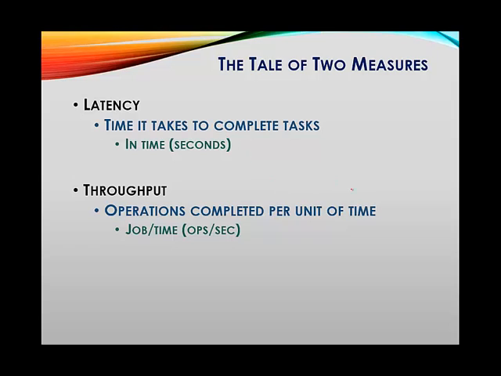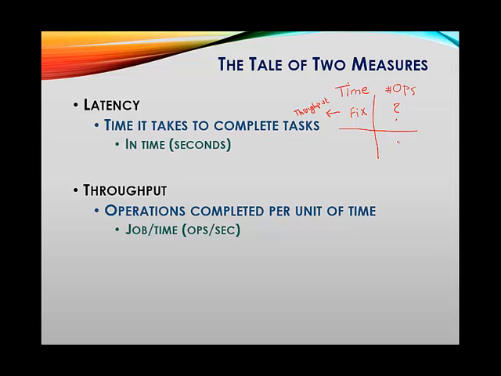So the two ideas of latency and throughput are related to each other, but they're actually evaluating two different measures. If you look at the concept of time and the concept of operations, if we fix the time and calculate how many operations can be computed and completed in the fixed amount of time, this will give us the idea of throughput.